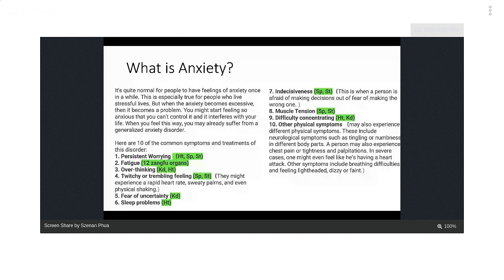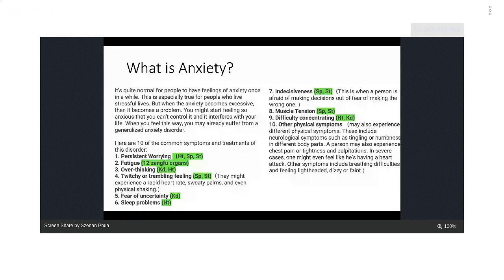They're not quite sure what's going on, and it's just so scary, and then even shaky. Sleep problem. A sleep problem could be difficulty getting to sleep, or waking up a lot, right? Or some patients wake up with anxiety first thing in the morning, or in the middle of the night, they wake up and they feel anxious.